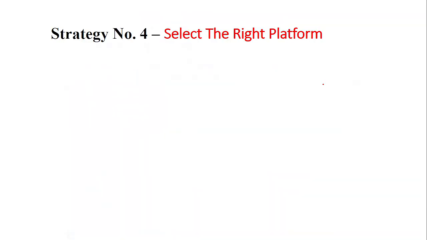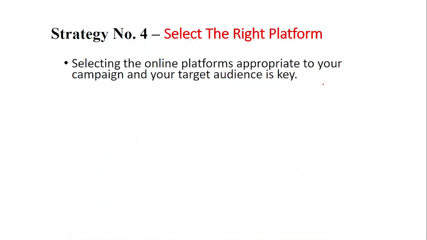Now, the fourth strategy is to select the right platform. When we talk about the right platform here, we are looking at the social media platforms or any other online platform that you might use. But it's not just about using any social media platform, right?